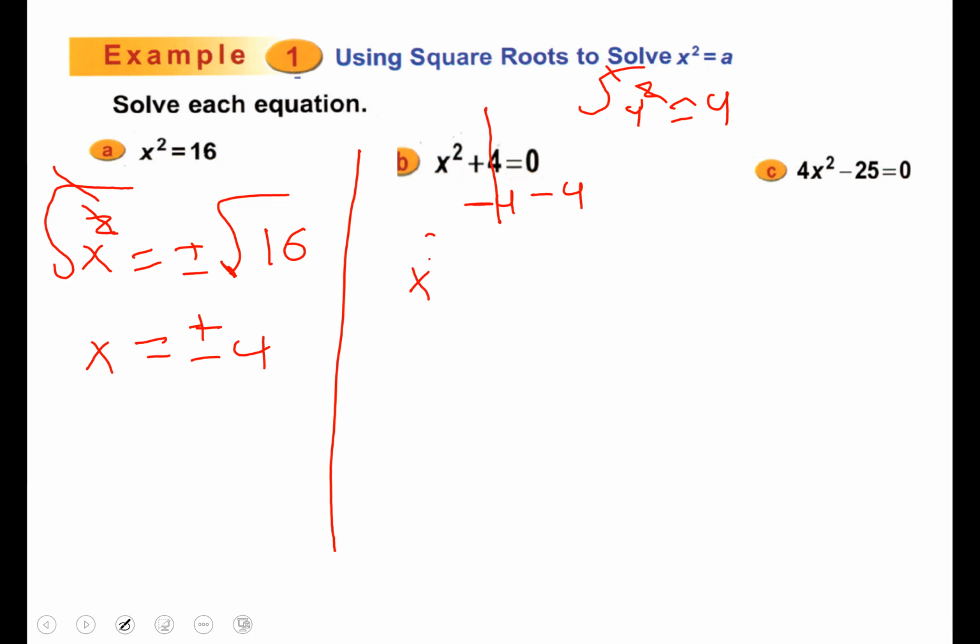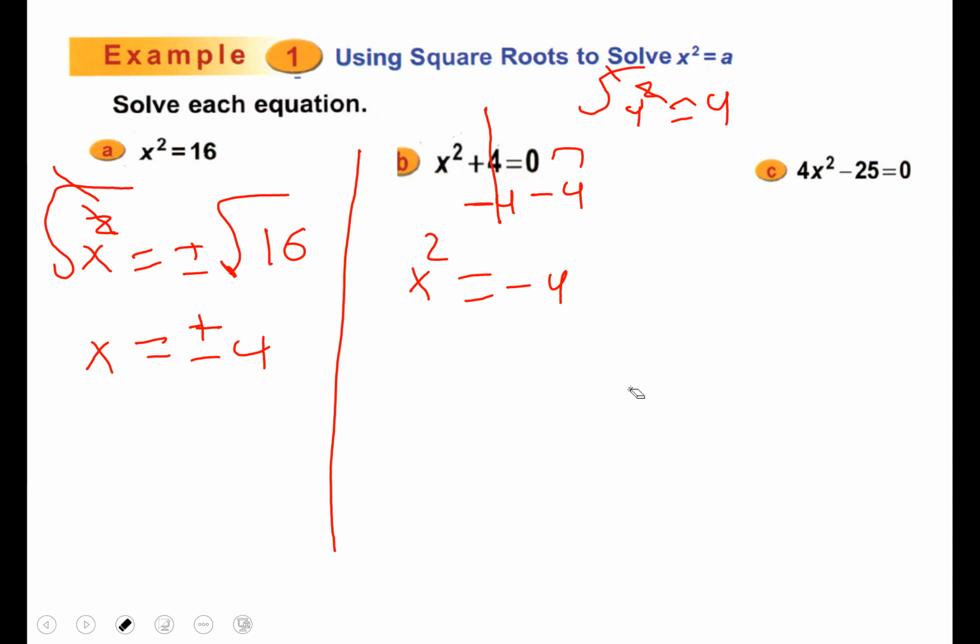What's left? x squared equals 0 minus 4 equals negative 4. Can you solve this question, guys? No, because negative 4 is not a real number. There's nothing like the square root of a negative number. That's why the result, you can say there's no solution, because negative 4 is not a real number.